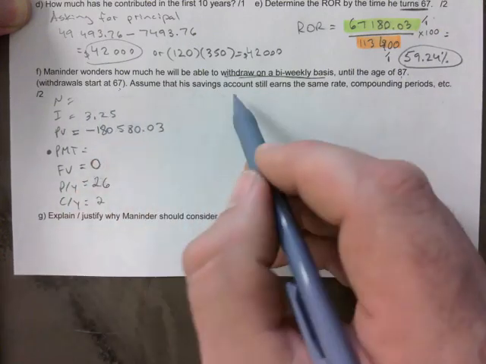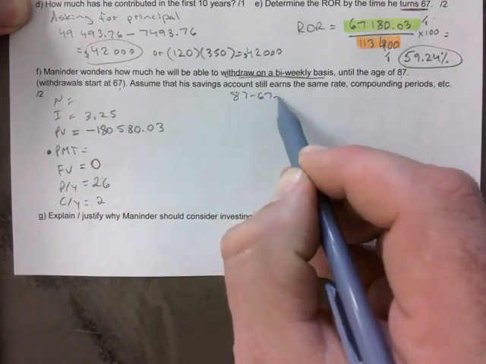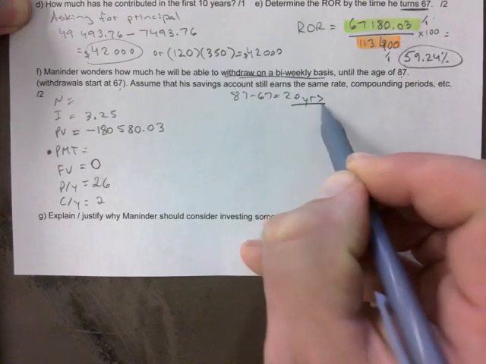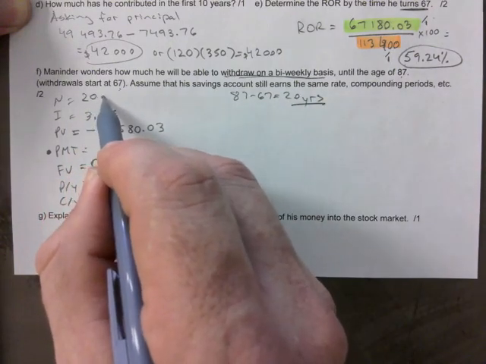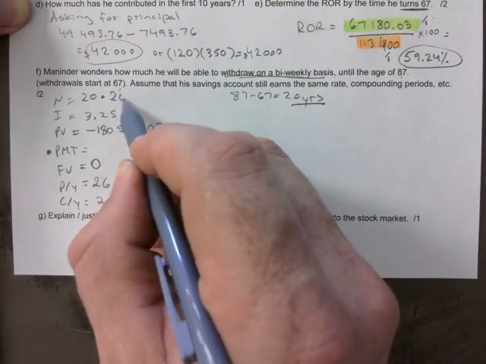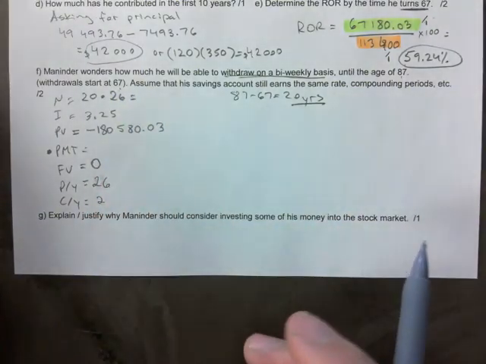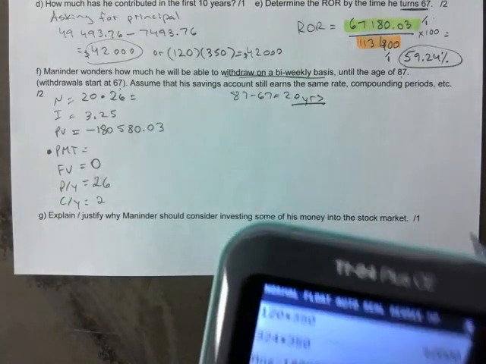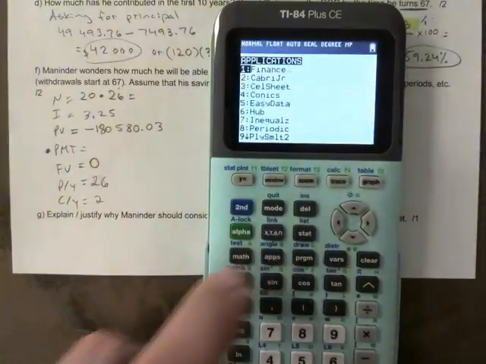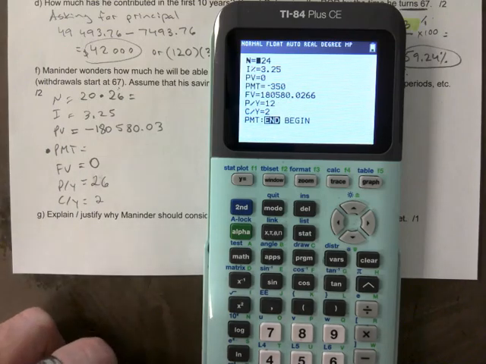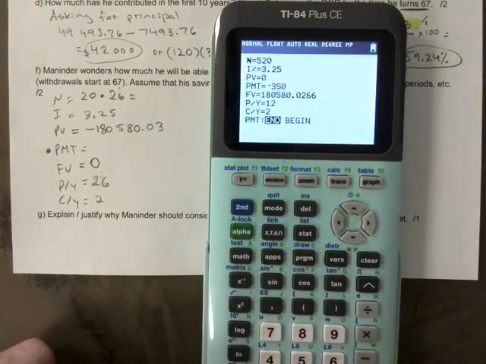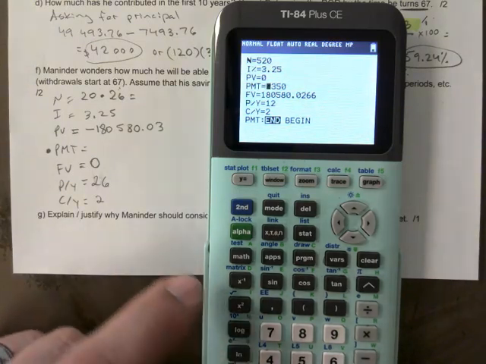That's 20 years. You want to have enough money for 20 years. So 20 times PY, which is 26, is 520, right? Yeah. Apps, finance.